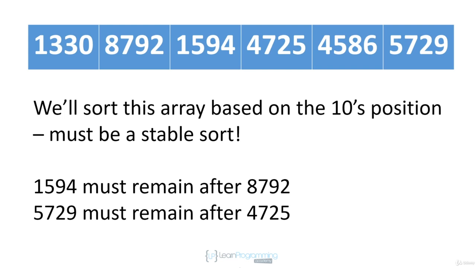The reason we're looking at the tens is because the tens actually have some duplicate values. So 1594 has to remain after 8792 after the sort, and 5729 has to remain after 4725, because the sort has to be stable. So how are we going to accomplish this using counting sort?